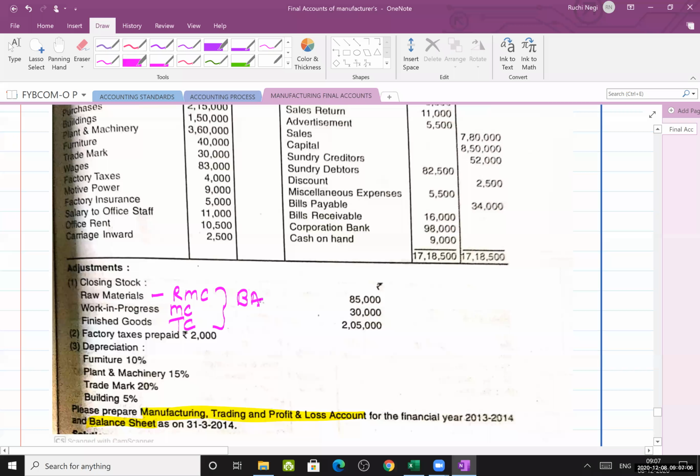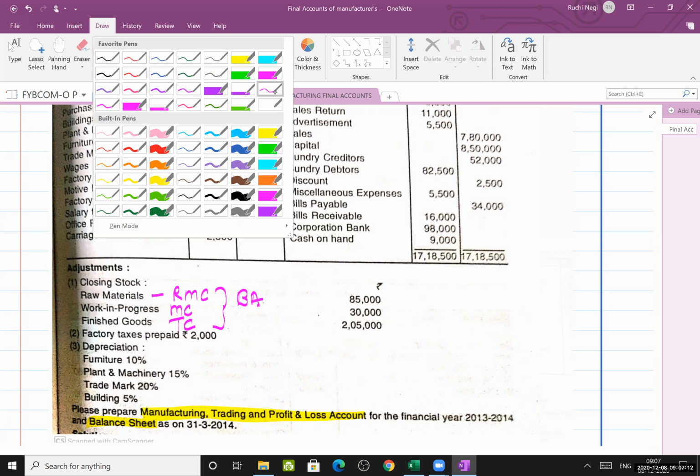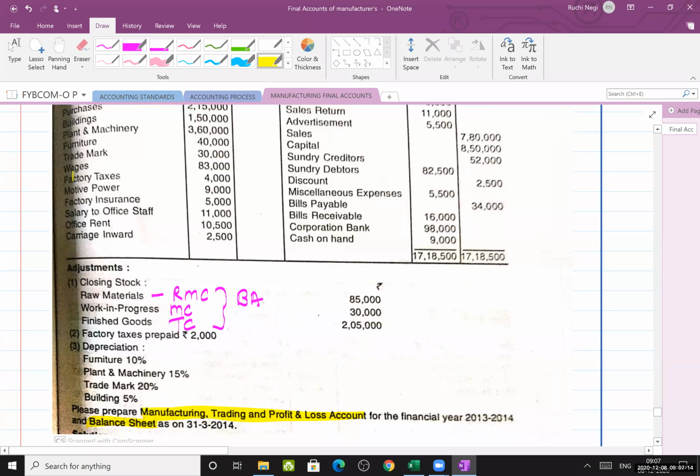Okay. Next, factory taxes prepaid 2000. Okay, prepaid. So factory taxes here. Sorry, we do it with green, right? We highlight with green. The factory taxes as an adjustment, and I'm putting a star sign to it.